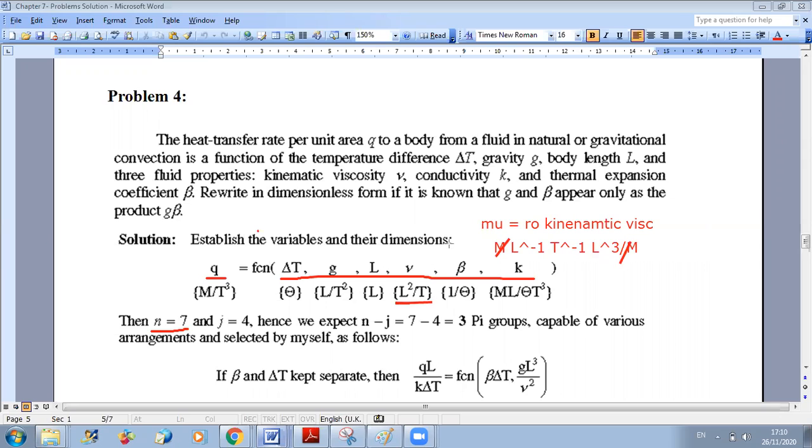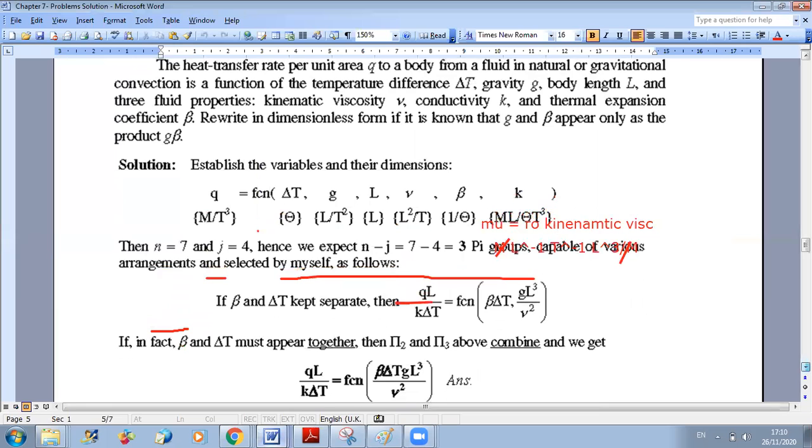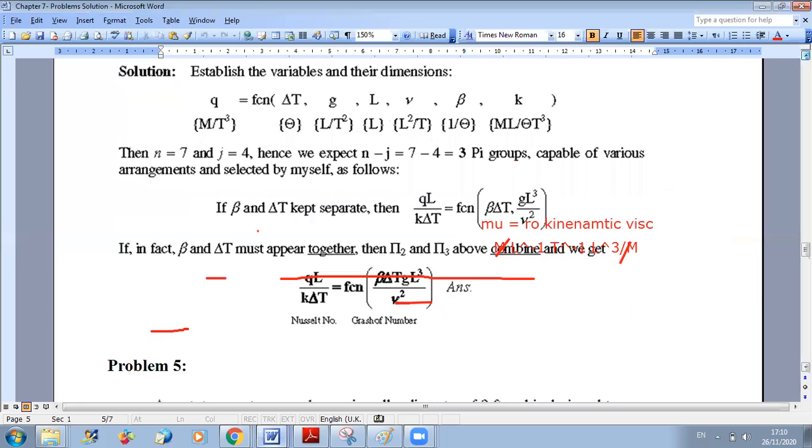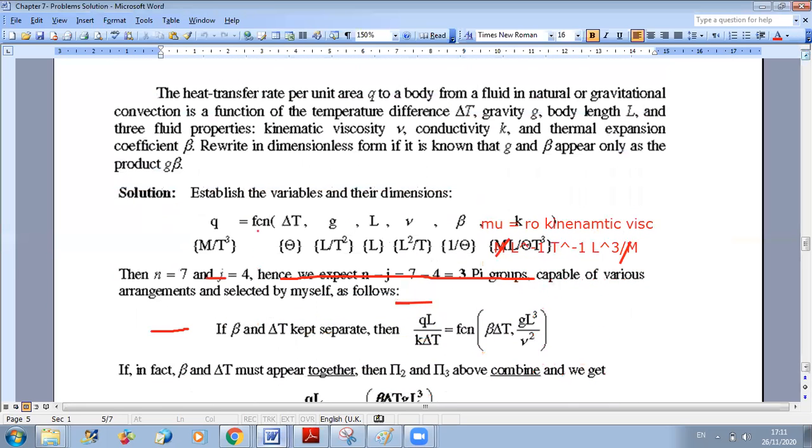And now for beta, maybe you are not familiar with the thermal expansion beta. So also you will go to the definition of beta. If you search on the internet for the thermal expansion coefficient, you can find its expression, and the unit of the thermal expansion coefficient is 1/Kelvin.